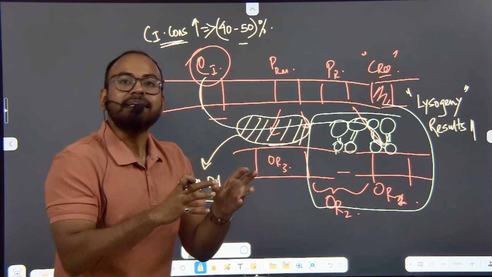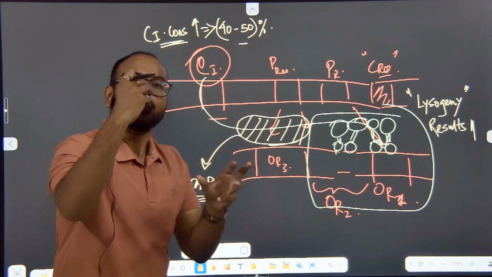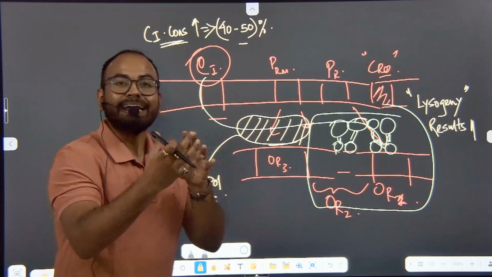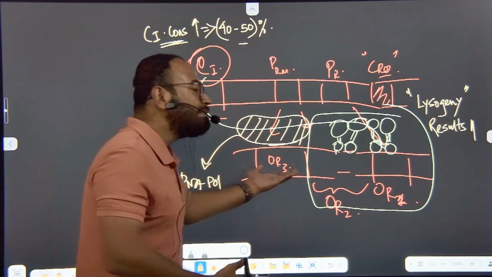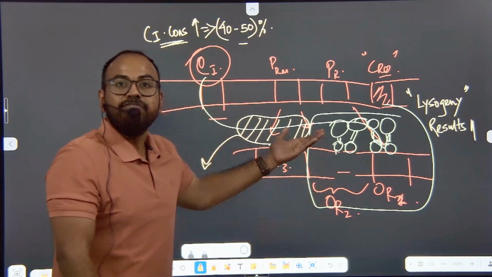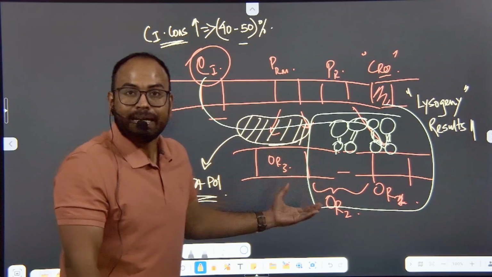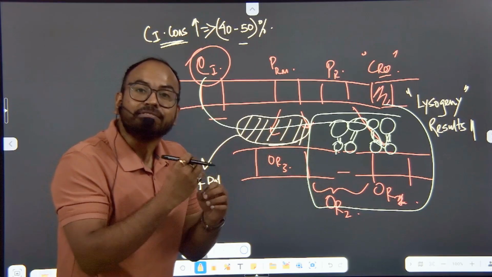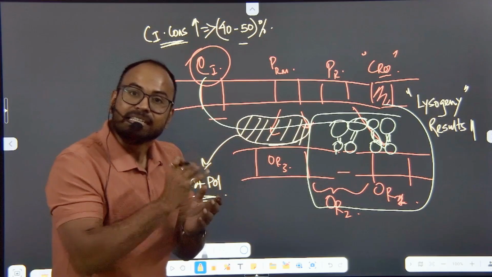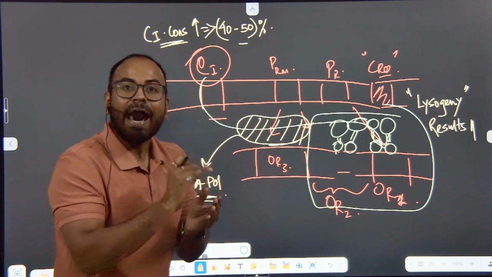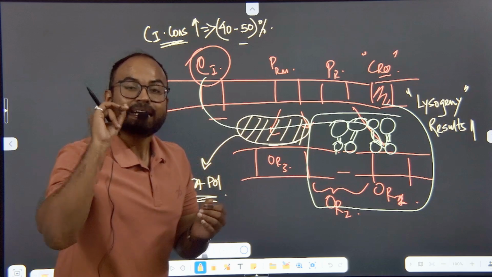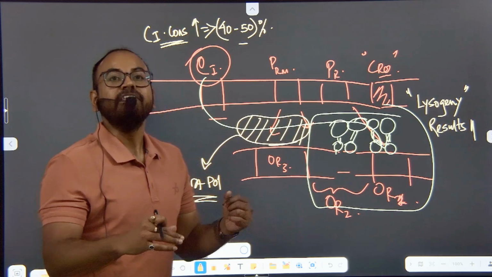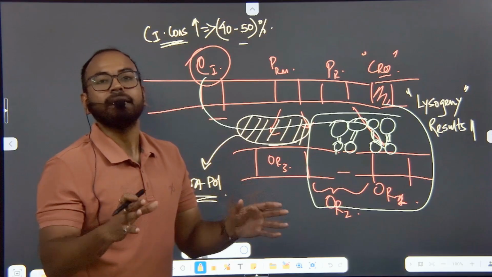But whenever the concentration rises more than 40 to 50% of the usual case, it will eventually occupy operator region 3 as well. And if OR3 is occupied, an auto cleavage mechanism will result within C1 itself, and that will cleave the entire protein concentration.